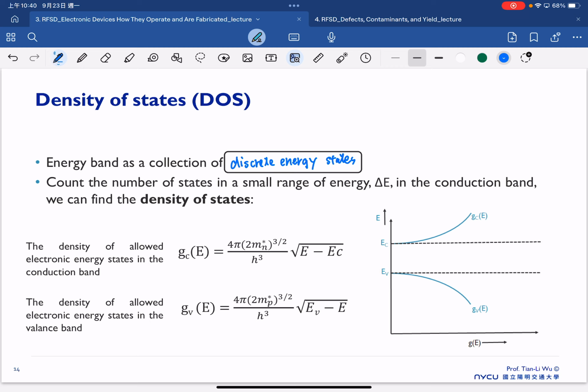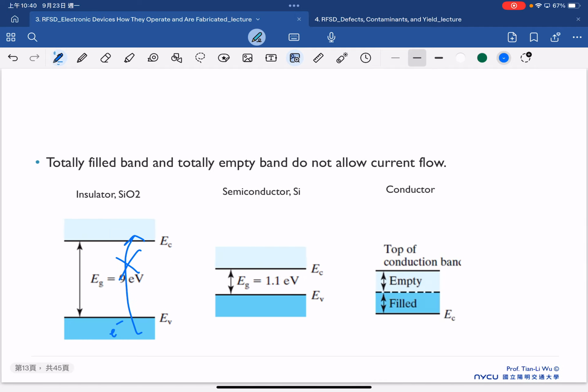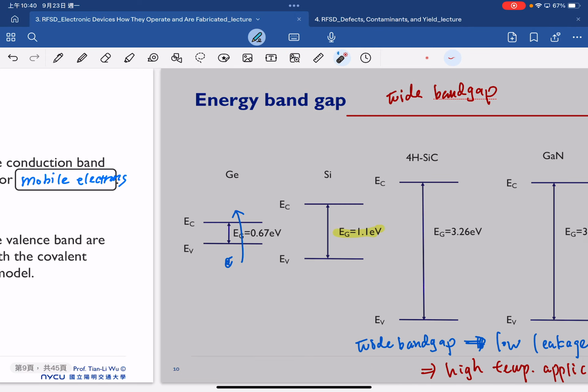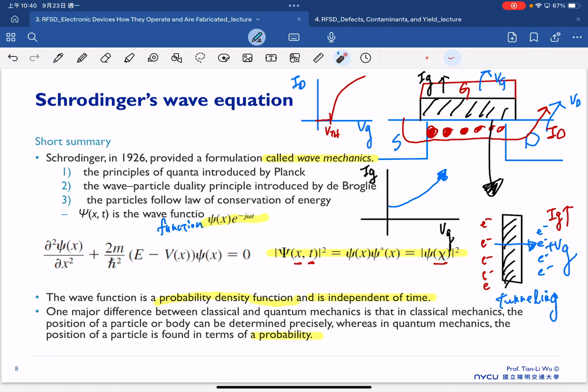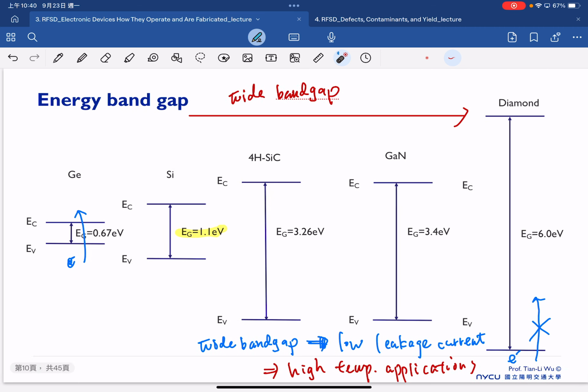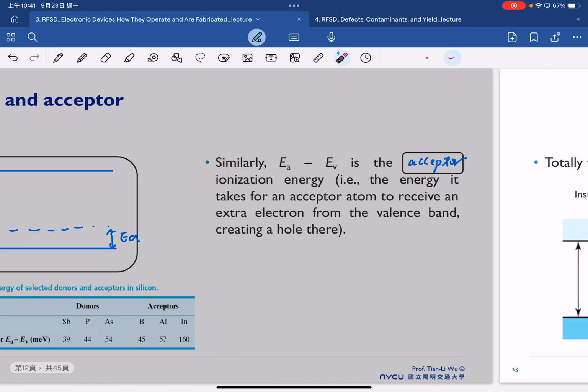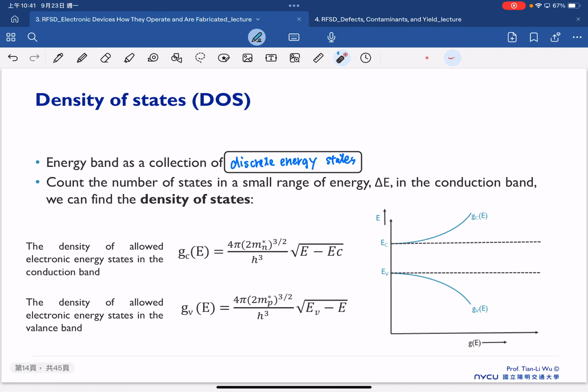The reason we call it an energy state is because in the previous assumption we already said that we have the concept called the energy quantum. The principle of the quantum was introduced by Planck. If you have already followed a course related to modern physics, probably you have a little bit of a sense about the meaning of the quantum.